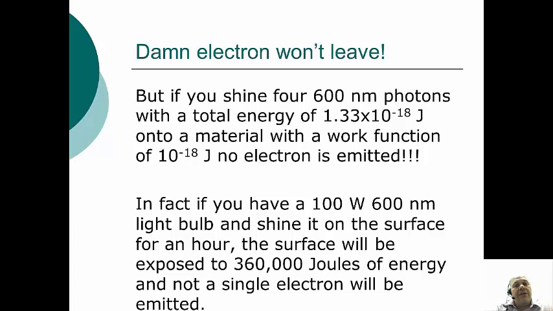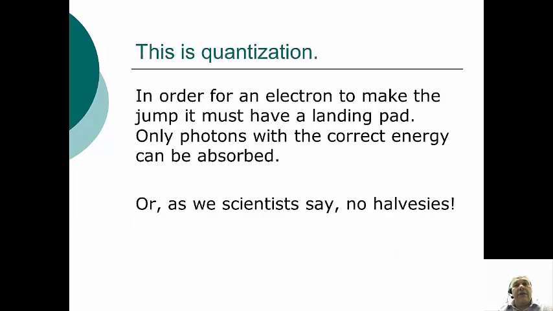In fact, even if you take 100 watts of 600 nanometer photons, which is 360 joules of energy per hour, you can sit there with your 600 nanometer 100 watt light bulb and shine it all day long and no photons come off, because the energy of the photons does not match the starting and ending electron orbital for the electron.